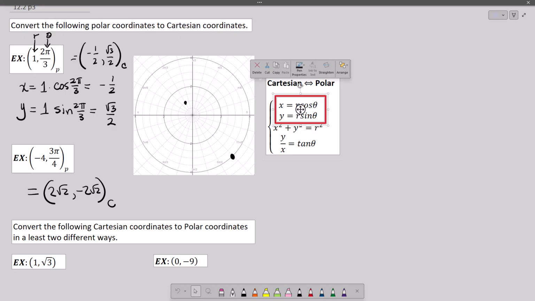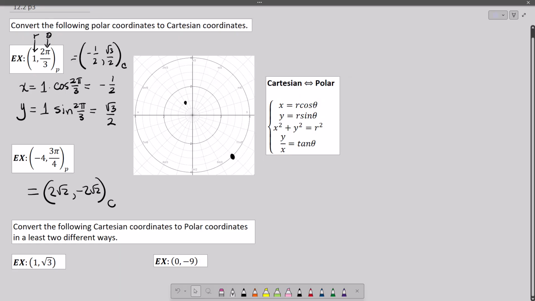And when we are going to Cartesian or rectangular, that's the easiest. If you're given polar, that means you know r and you know theta. And so you just have to plug them into these two equations, and bingo, you've got x and you've got y. So that's why those are so easy.